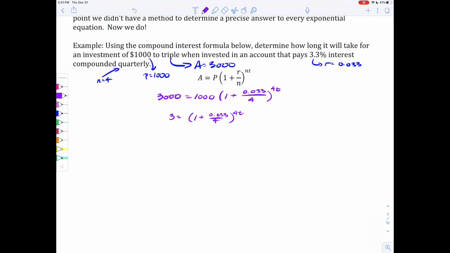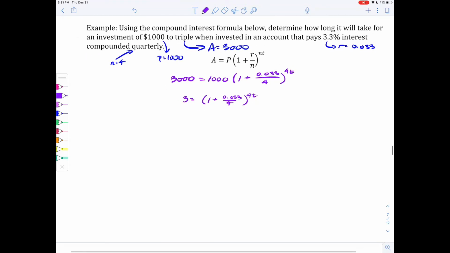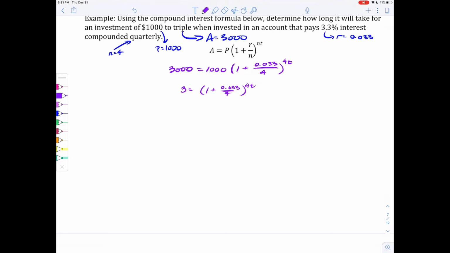I need to get this t out in front somehow instead of being an exponent so that I can actually solve for it. And the only method I have of doing that is using logarithms. I will just take a moment to simplify what's inside the brackets to make it a bit easier to work with.